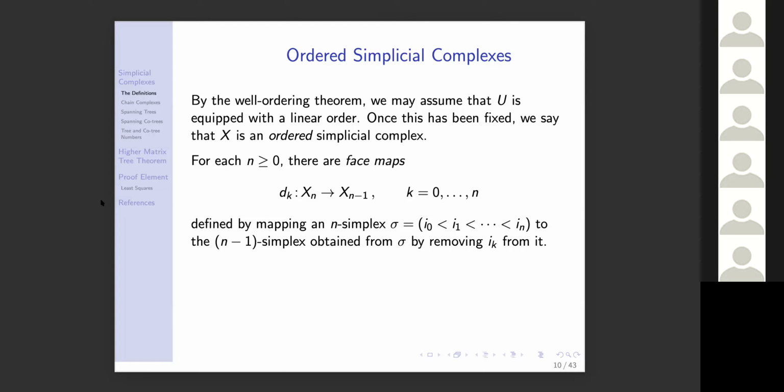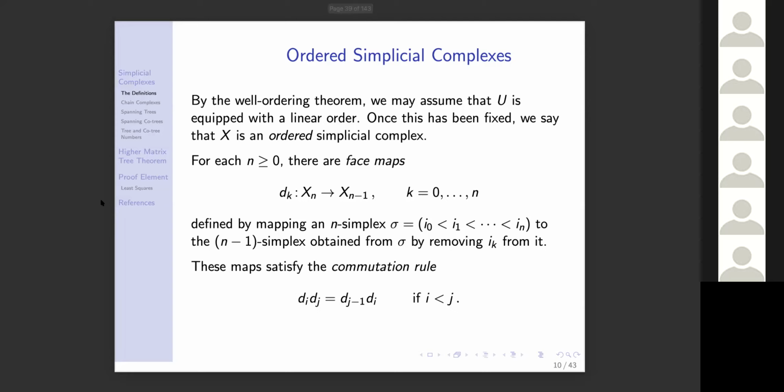If we remove i sub k from sigma, we get an ordered set with n elements, and that's an n minus 1 simplex. And here we've used the property of being a simplicial complex, because it's closed under taking away elements. So this face map is well defined, and there are n plus 1 of them on the set of n simplices.